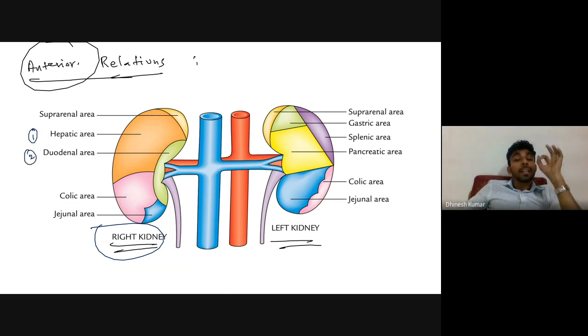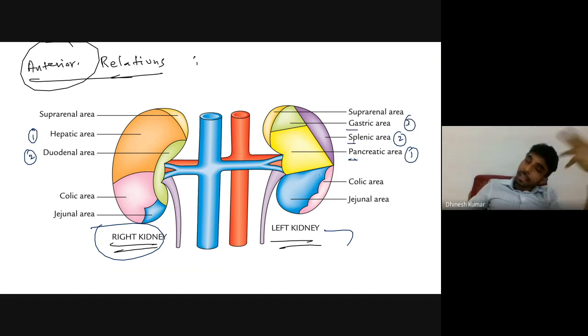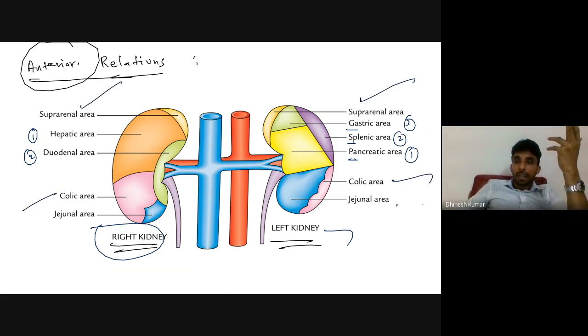Okay, and the 3 main anterior relations of left kidney will be PSG, pancreatic area, splenic area, gastric area. Okay, then the 3 common anterior relations for both kidneys will be suprarenal area, colic area, jejunal area.